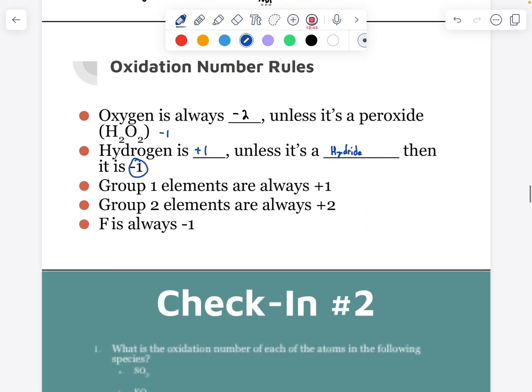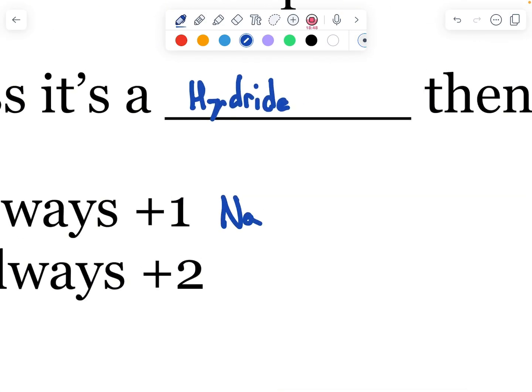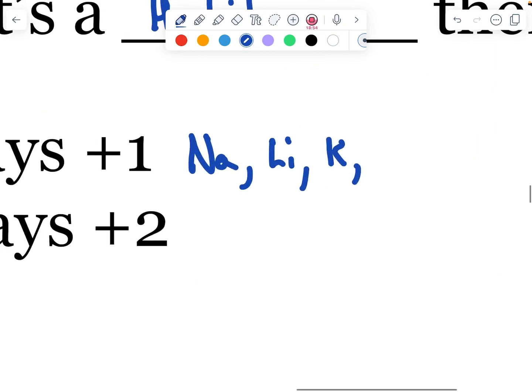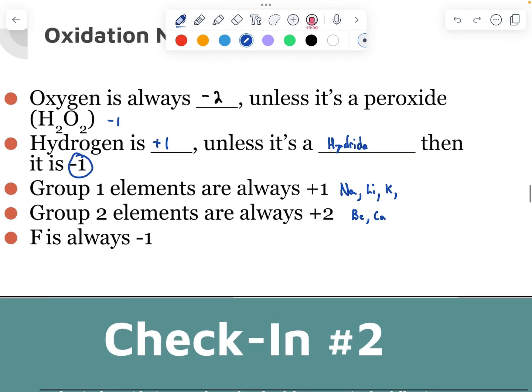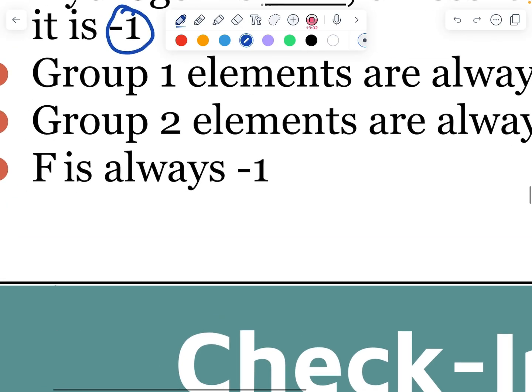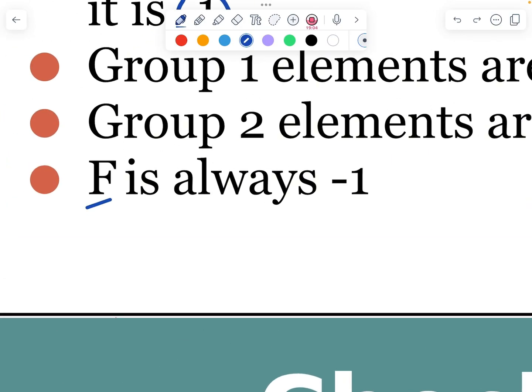And then group 1 elements are always +1, so that's our sodiums, our lithiums, our potassiums. And then group 2 elements are always +2, and that's our berylliums, calciums, things like that.